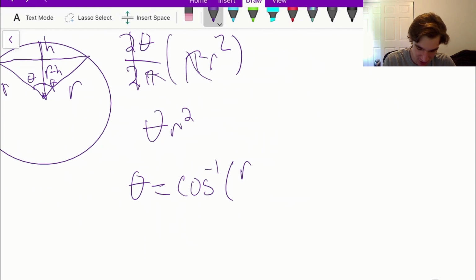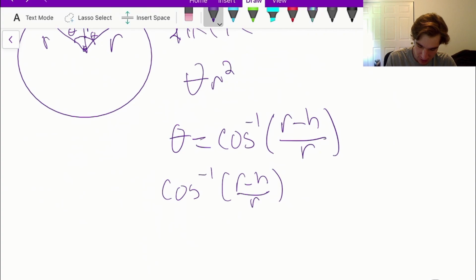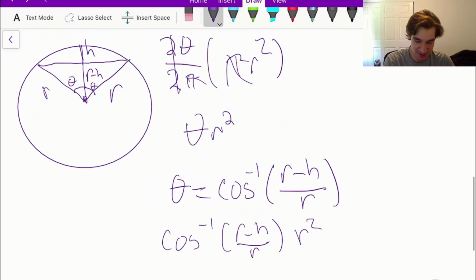Adjacent in this case is going to be r minus h over r. So we get this to equal cosine inverse of r minus h over r times r squared. Once we get that right there, we know that that is the area of this whole shape. That whole area right there.